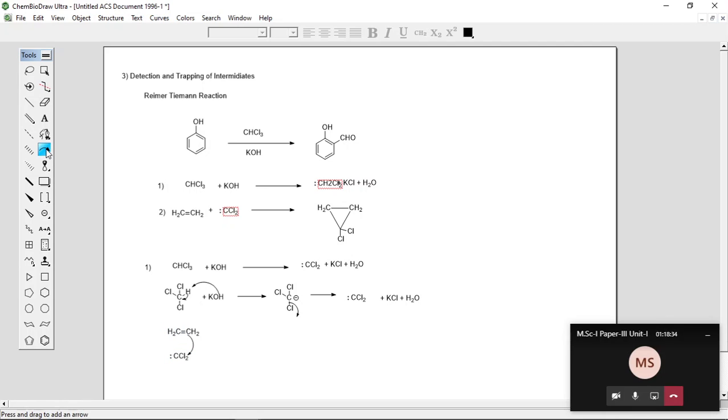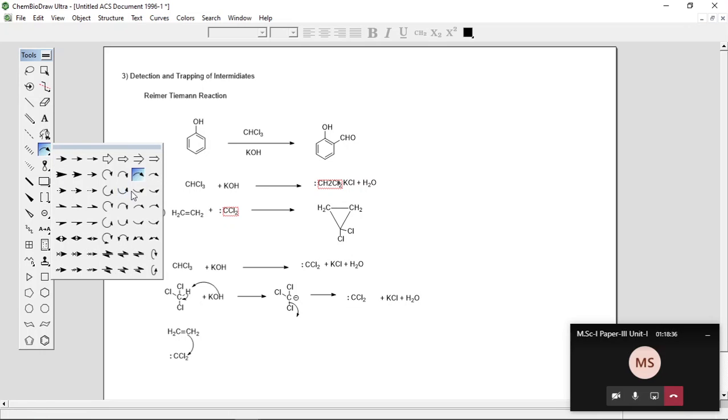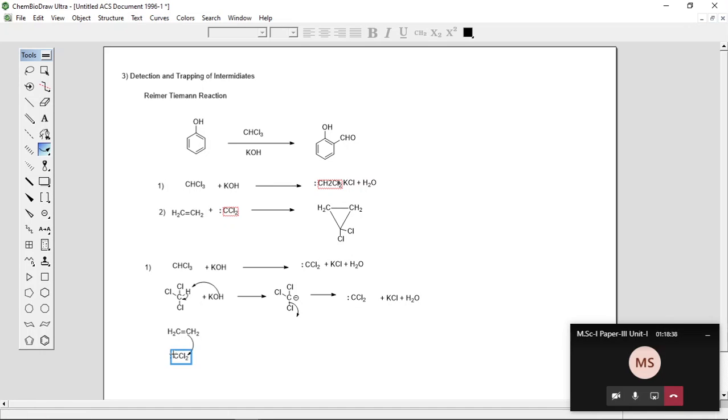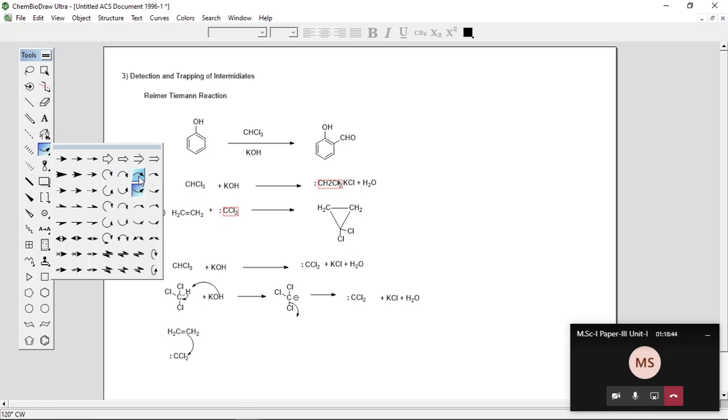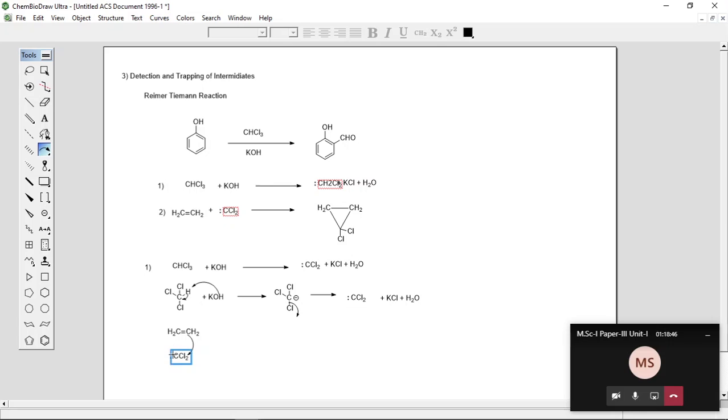So it is a concerted type of reaction, and we get this cyclopropyl chloride as a product.